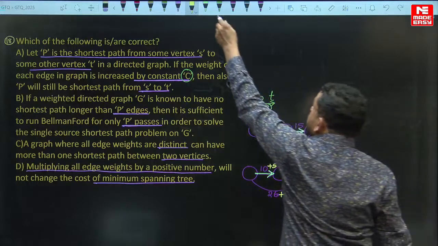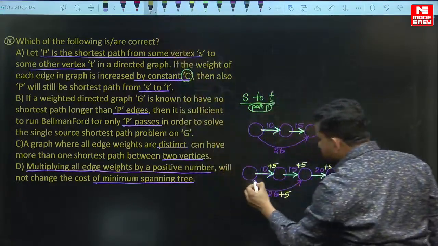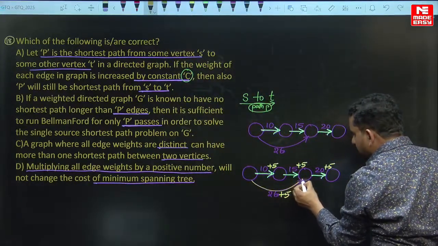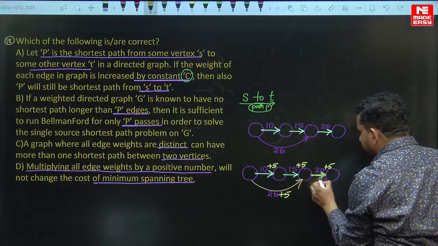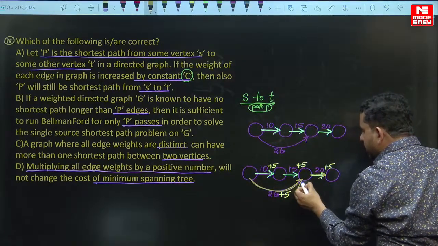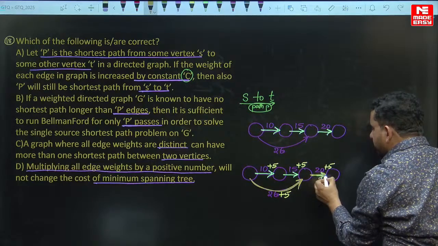Now the shortest path changes. Now this becomes the shortest path. So the shortest path need not be the same as before.